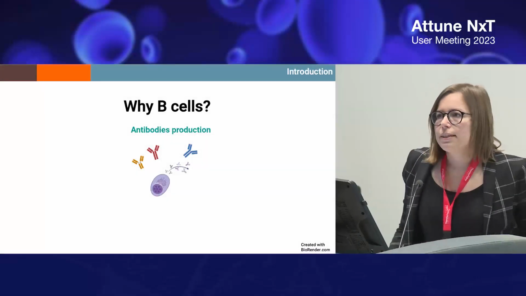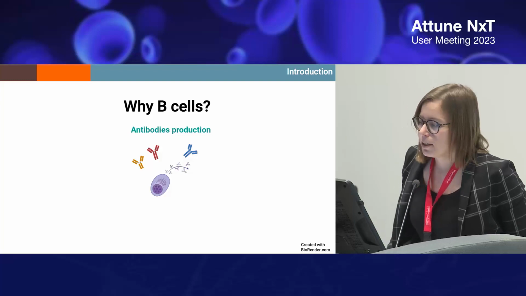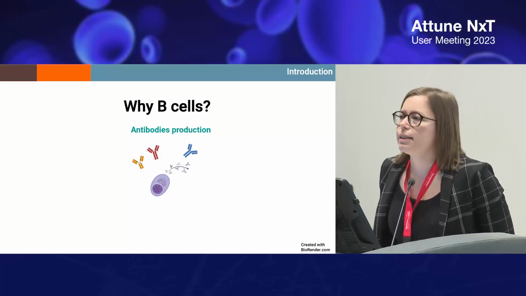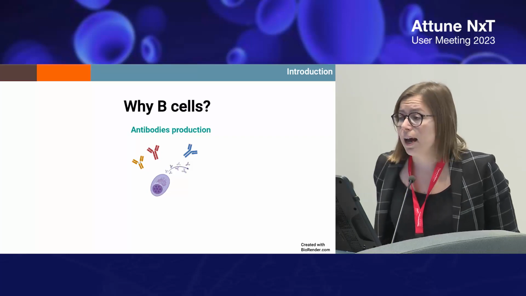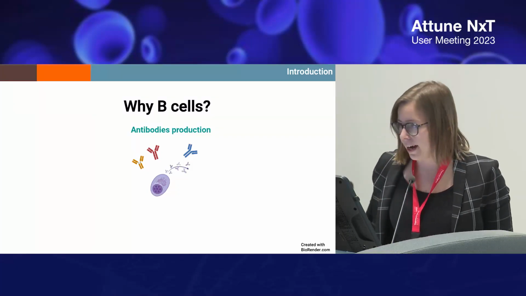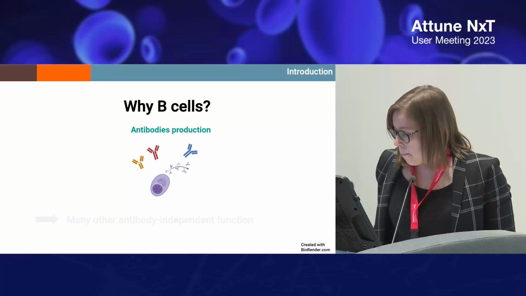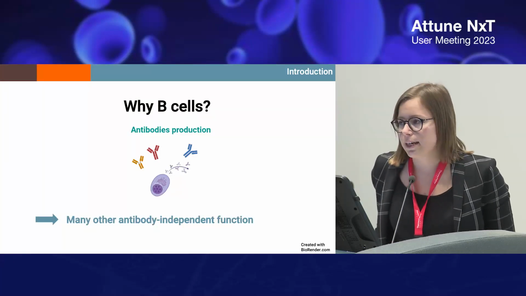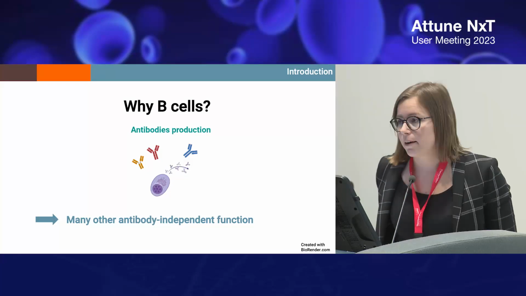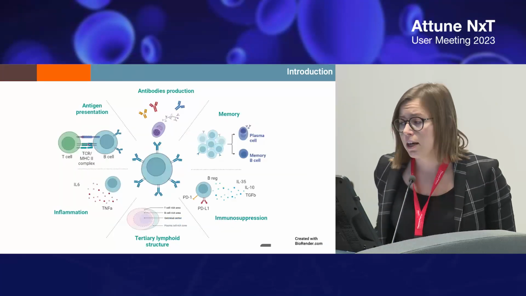So first of all, why do we have to study B cells? Because, as you all know, B cells are a critical arm of the immune system because they are able to produce antibodies and to provide us protection. But besides their capacity to produce antibodies, these cells have many other functions that are mainly antibody independent.